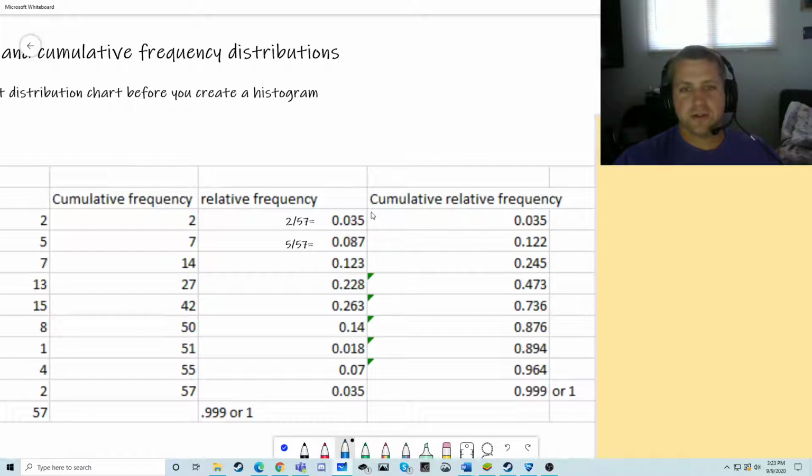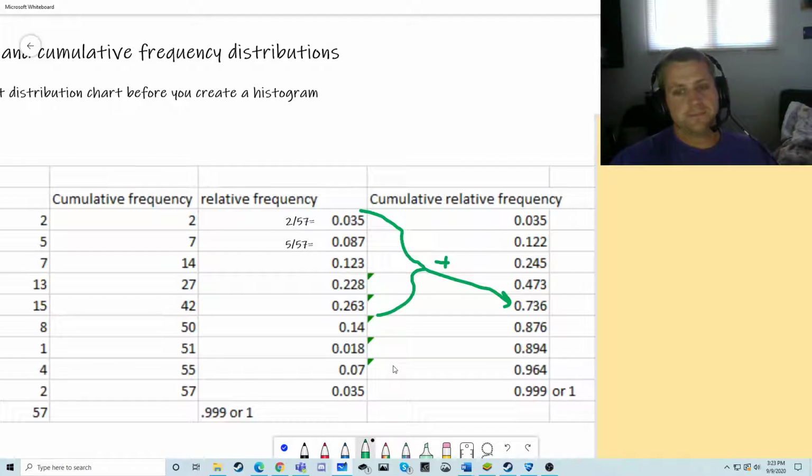This 0.122 is these 2 added together. The 0.736, that's everything up until then, all added together. And then the last one, of course, is everything added together equals 1.